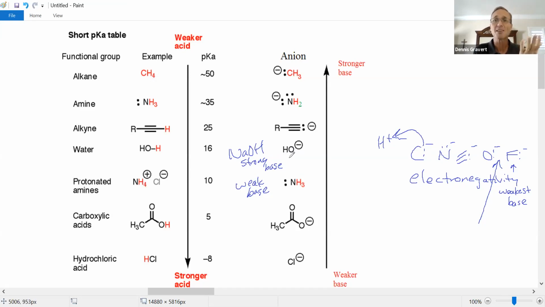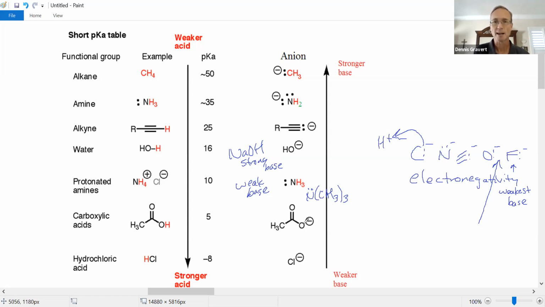Ammonia was a weak base. Oh yeah, hydroxide's more basic than ammonia. So neutral nitrogen, with or without carbon, that's the neutral nitrogen with the lone pair, it ranks about the same. More on that in a minute. It's definitely a weaker base than hydroxide ion and a stronger base than chloride or fluoride.